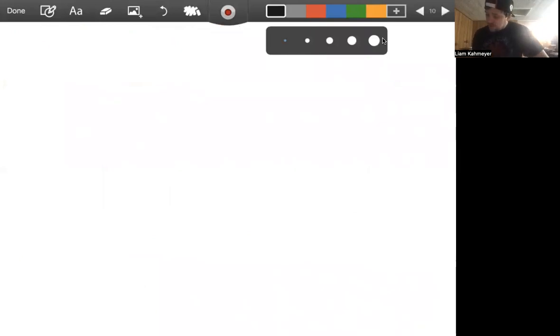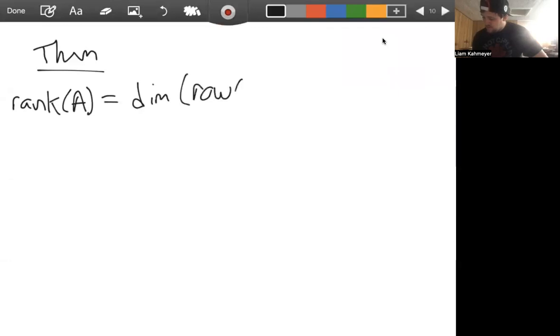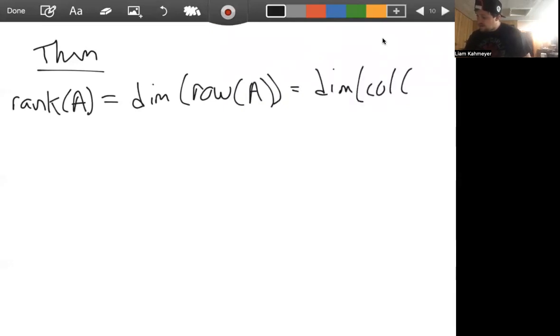And because of that, we have the following theorem: the rank is the same as the dimension of the row space, which is also the same as the dimension of the column space. And so really, to find the rank, you just need to find the number of non-zero rows or pivot positions or the number of pivot columns, right?